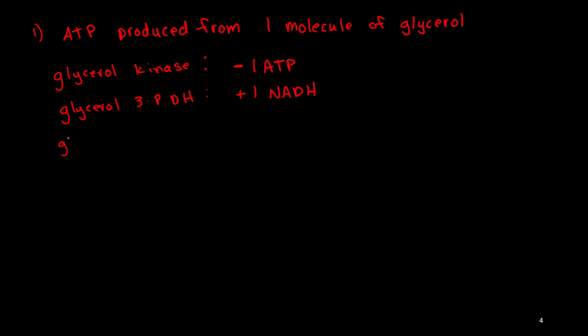Then we had glyceraldehyde 3-phosphate dehydrogenase. That is also going to give us 1 NADH. At this point, we should have an intermediate of the glycolysis that is entering where the 3 carbon molecule was entering.